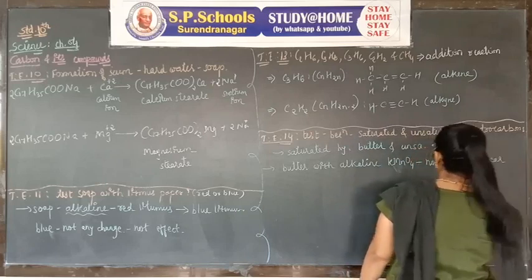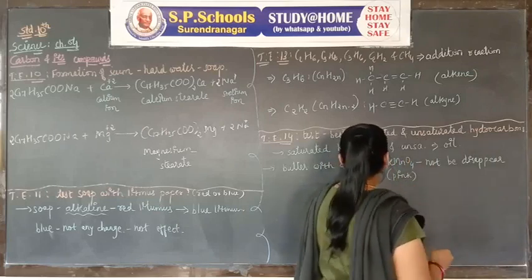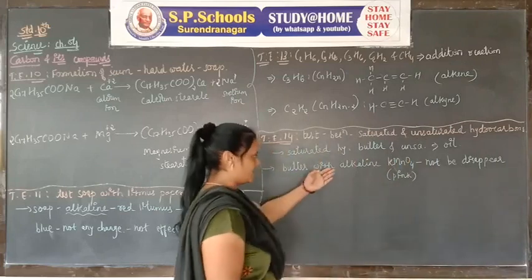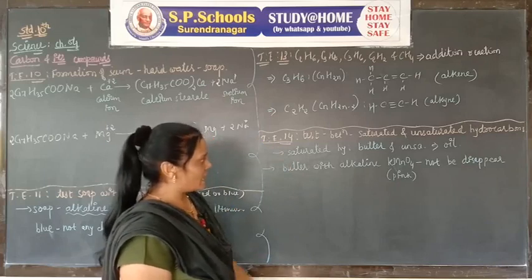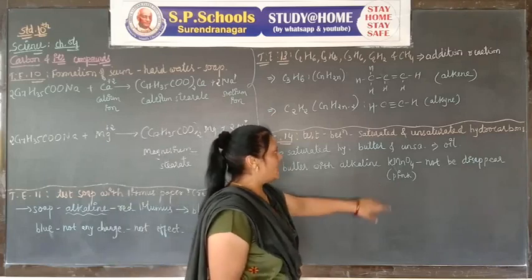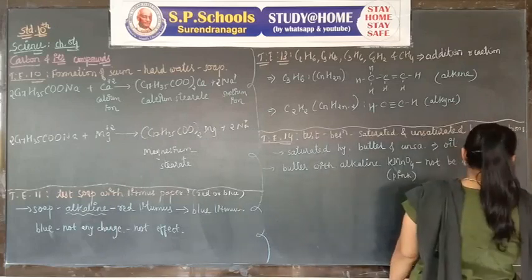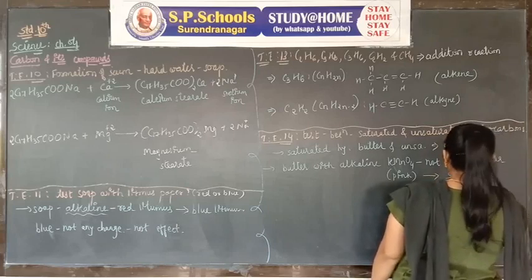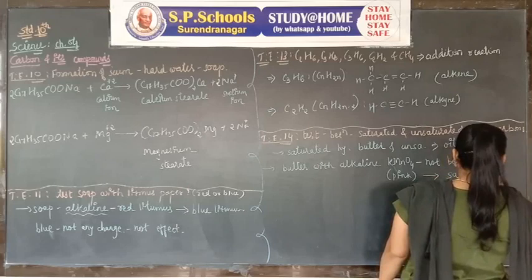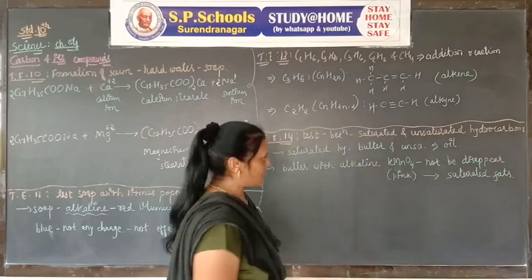The color of KMnO4 is pink. When we use alkaline KMnO4 on butter, the pink color does not disappear because butter has saturated fat, made of saturated hydrocarbons.